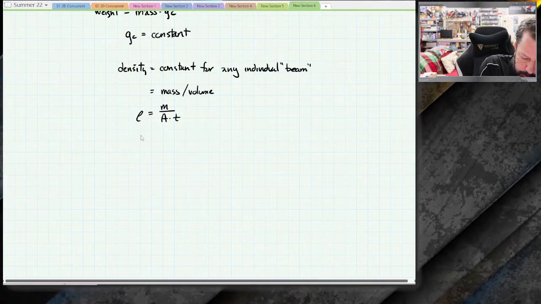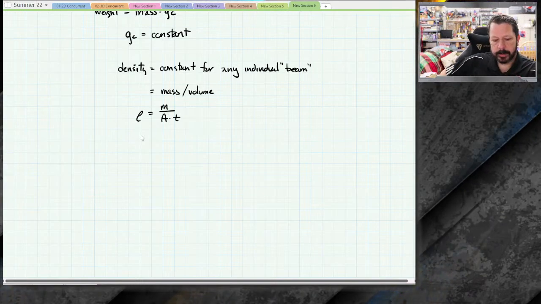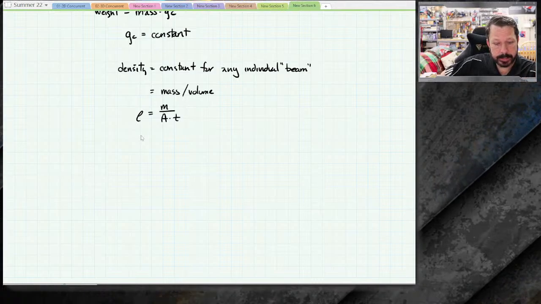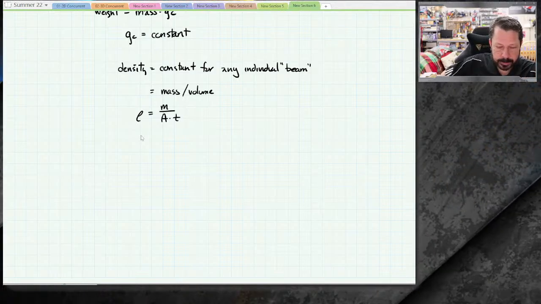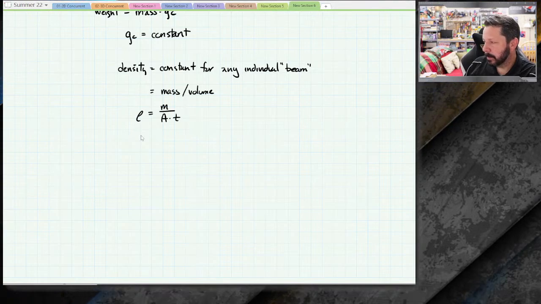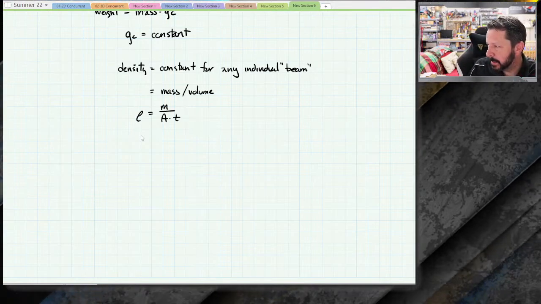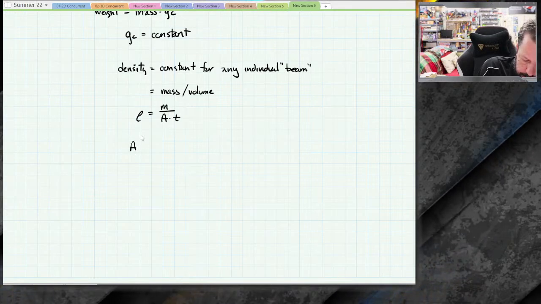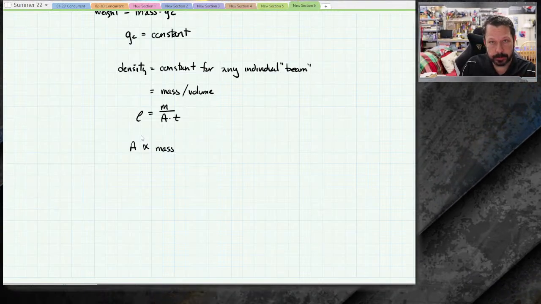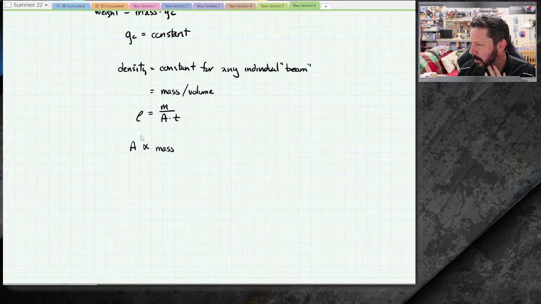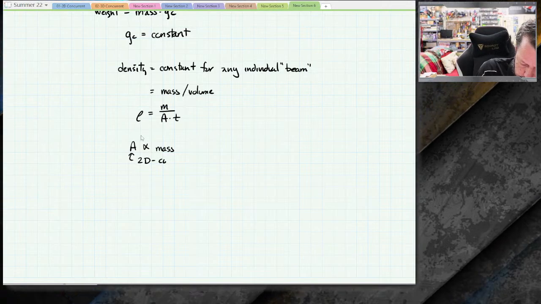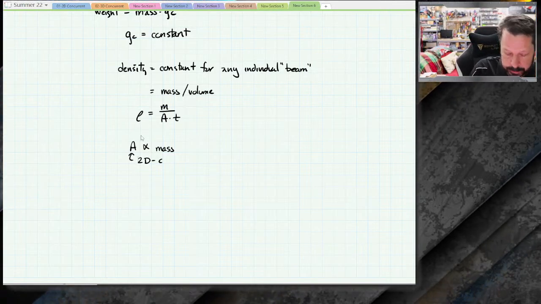What I'm ending up with here is a lot of variables built into this thing that I've called weight that are actually constant for our beam. Density is constant. G sub c is constant. The area doesn't change over the thickness of the beam. And what that ends up doing is saying that area ends up proportional to mass. It's not equal to mass, but it's proportional to it. It's a linear relationship between them. And this A, just so we are sure, is the 2D cross-sectional area of our object.